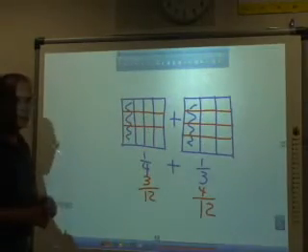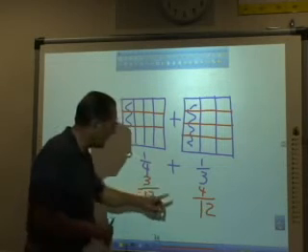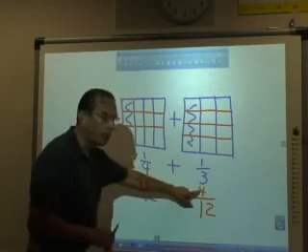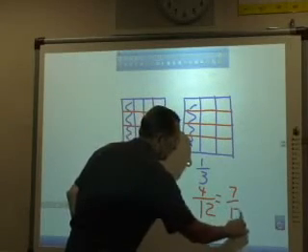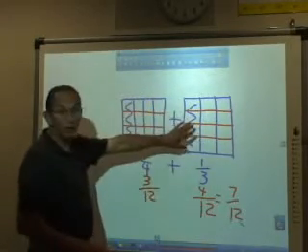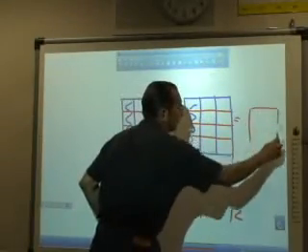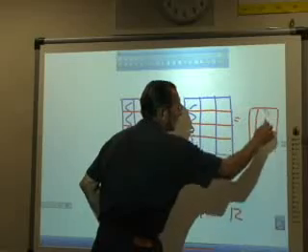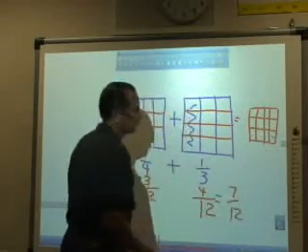And what can I do with that? I now have the same denominator. So I now can add up my parts, and the answer is 7/12. If I look at my part here, I'll just make it a little bit smaller so we can fit it here. And that's 12.